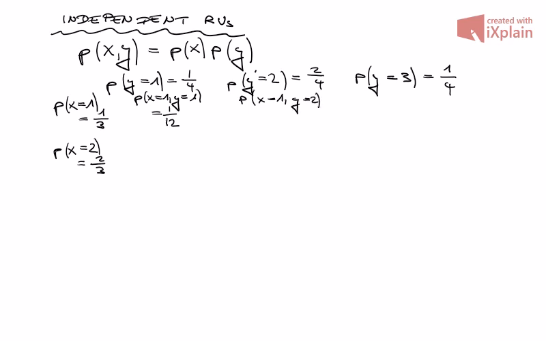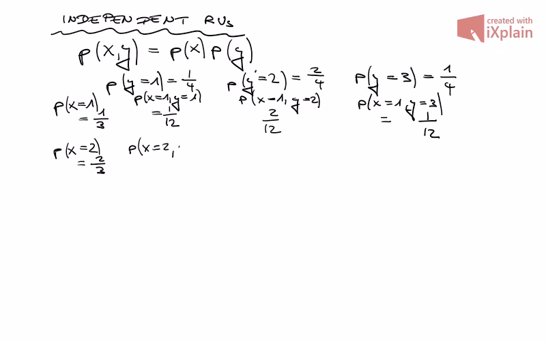We get 1 over 3 times 2 over 4, that's 2 over 12. And here we get P(x=1, y=3). We get again 1 over 12. Please correct me if I'm doing something wrong, because that can easily happen.